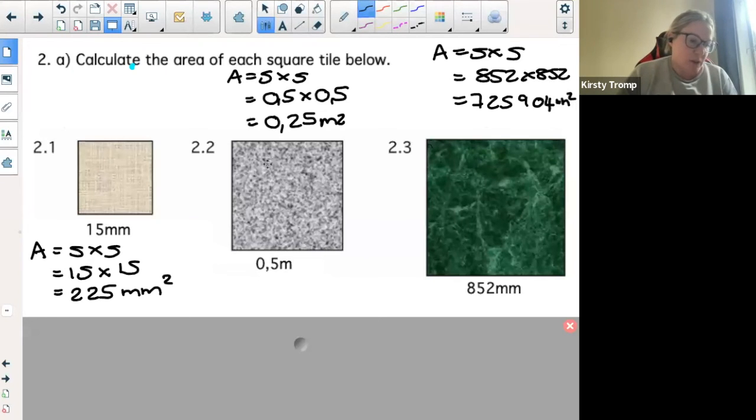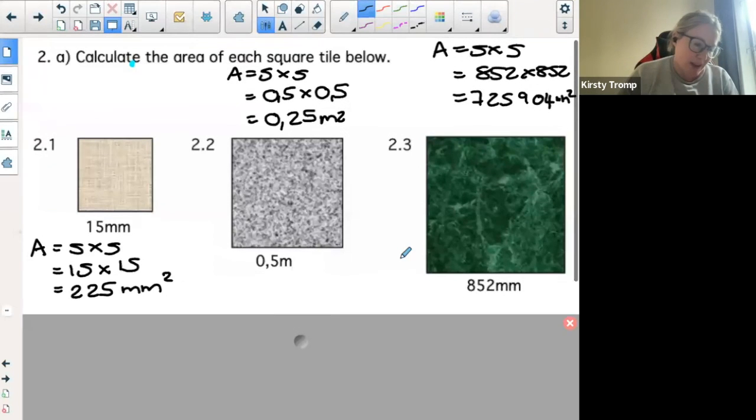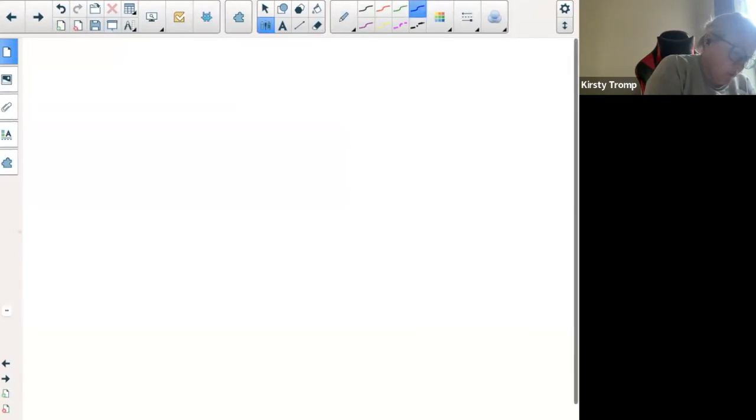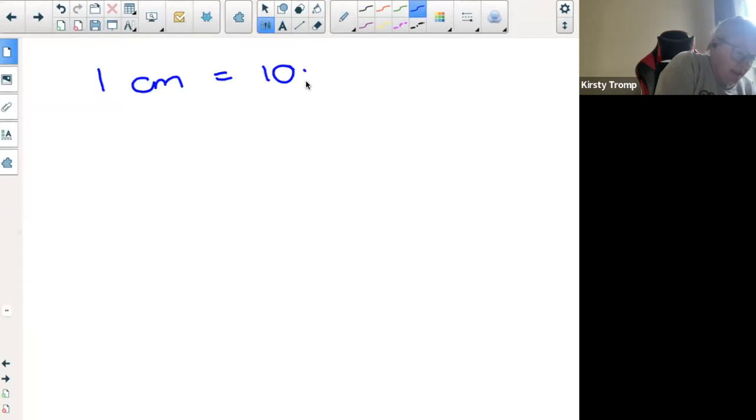All right, so now we've calculated the area of each of those tiles below. Now what if we wanted to convert that to centimeters squared? Remember what we did on Wednesday night? We said 1 centimeter equals 10 millimeters.